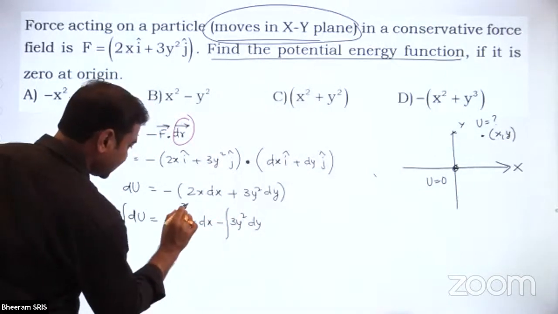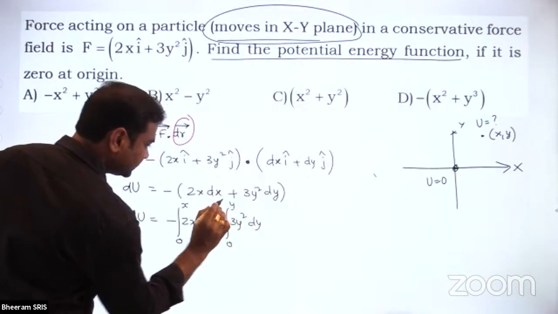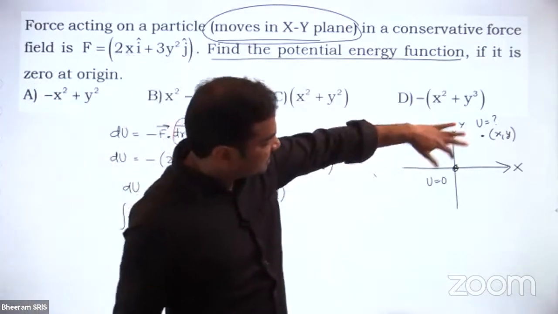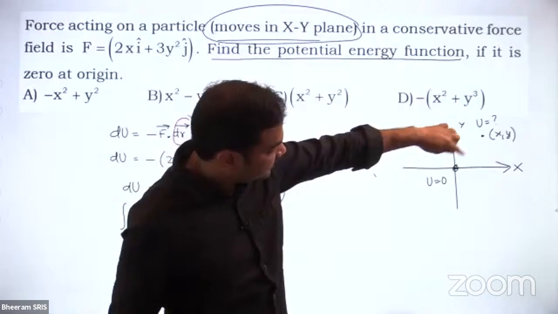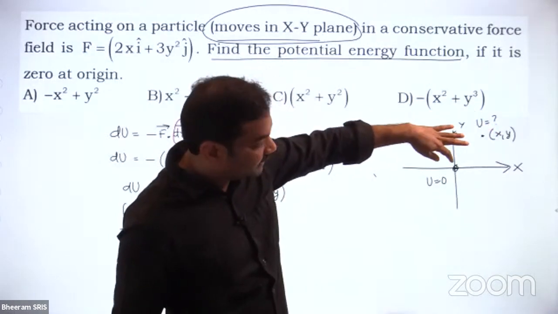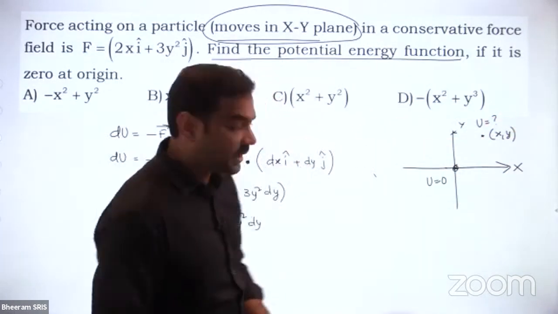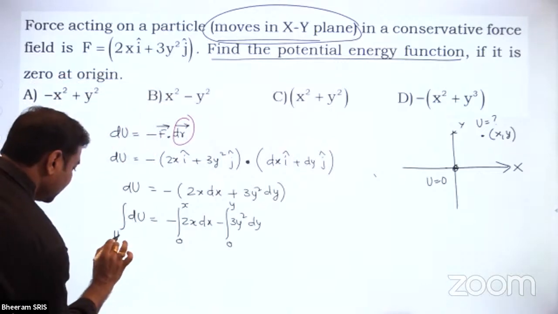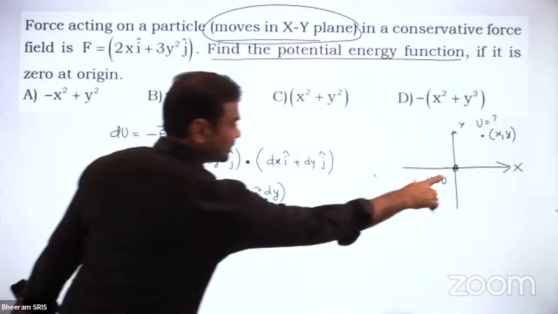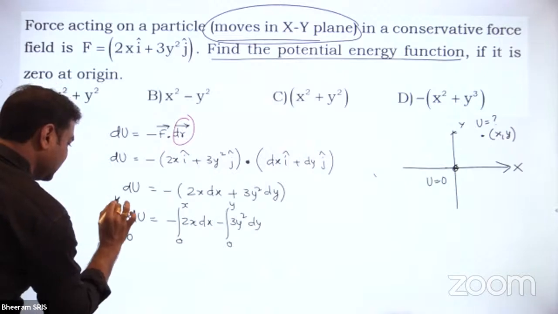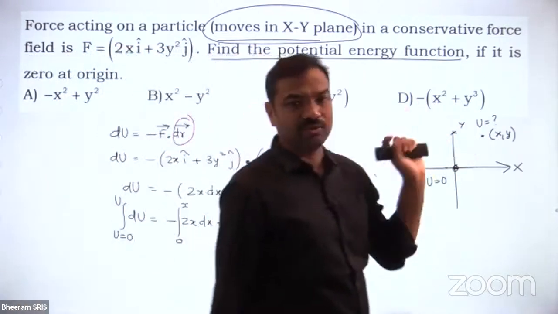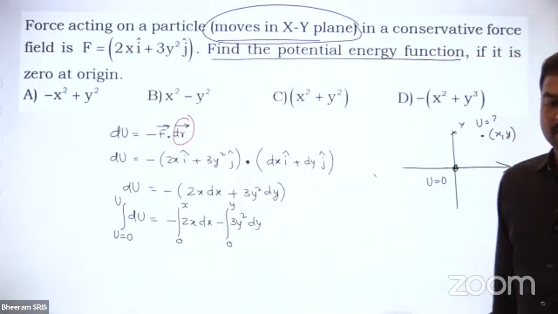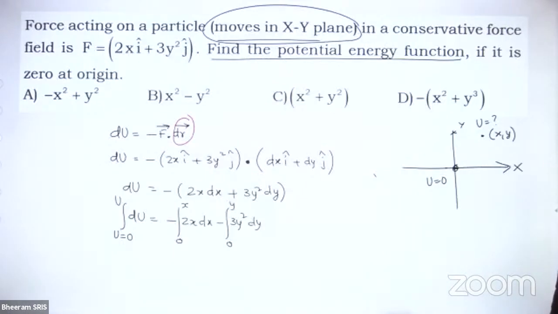So that's why 0 to x and 0 to y. Am I right? If you are moving from this point to this point, the x coordinate will change from 0 to x. The y coordinate will change from 0 to y. And how does the potential energy change? At the origin, potential energy is 0. Potential energy at this place is U. So 0 to U, you have to integrate.